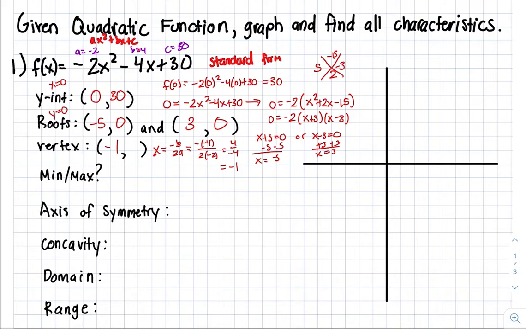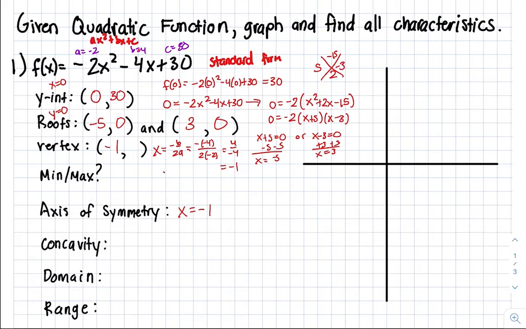And that's the same thing as the axis of symmetry, right? x is equal to negative 1, because we know the axis of symmetry is the x value of the vertex. Now, in order to find the y-coordinate of the vertex, we simply substitute this into the original equation.